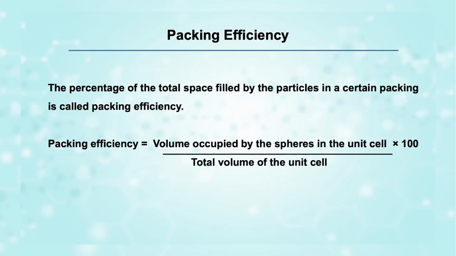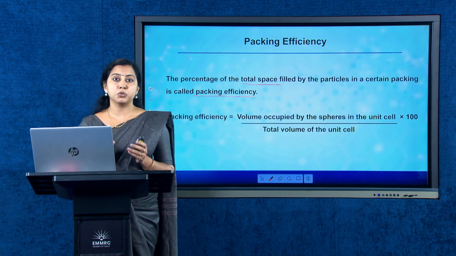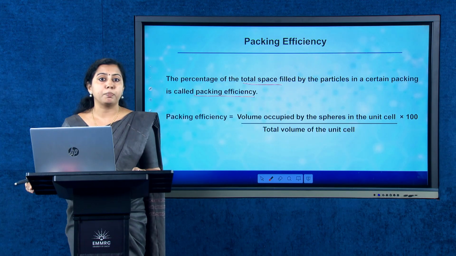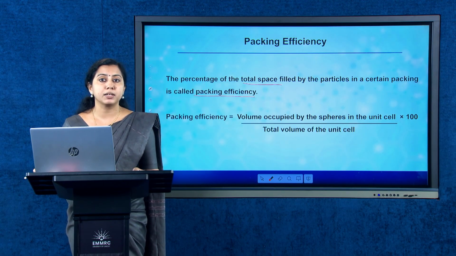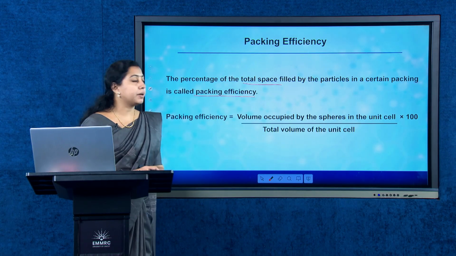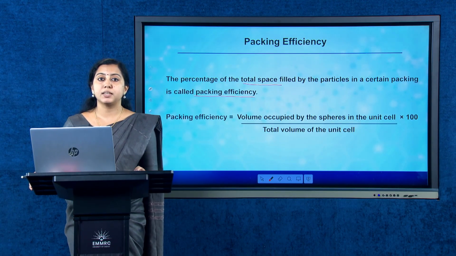We can represent it as volume occupied by the spheres in the unit cell divided by total volume of the unit cell into 100. It is usually represented in the form of percentage, that is why it is multiplied by 100.